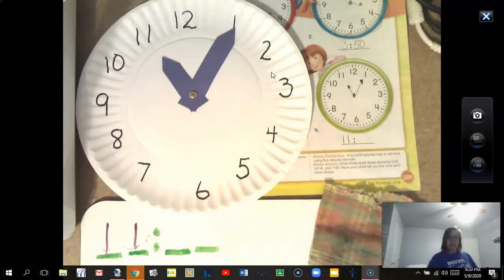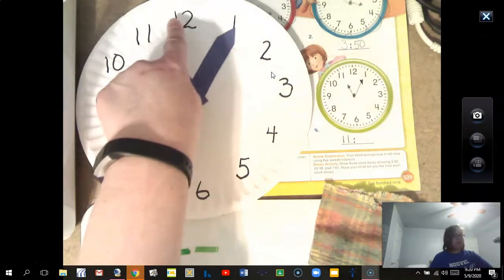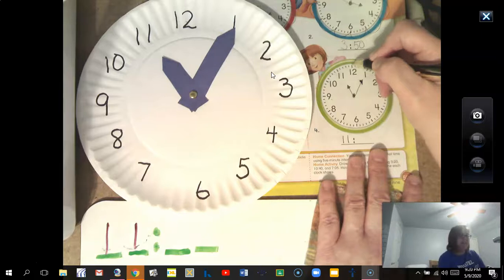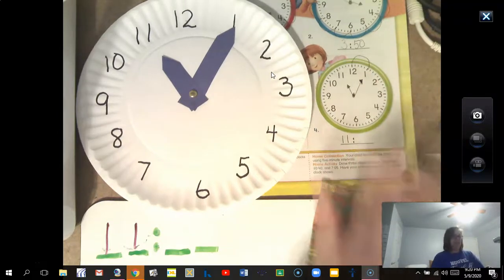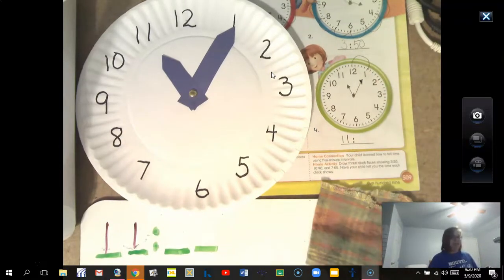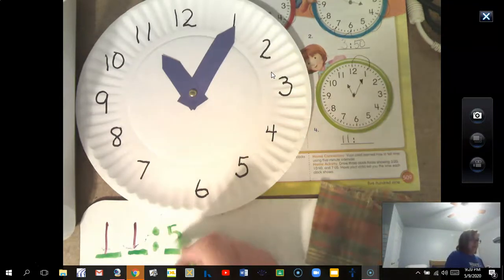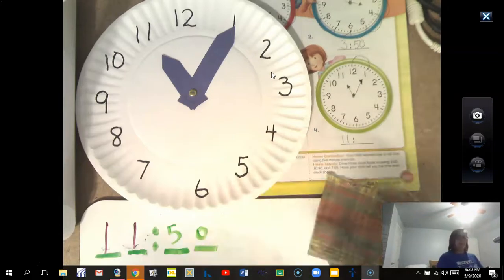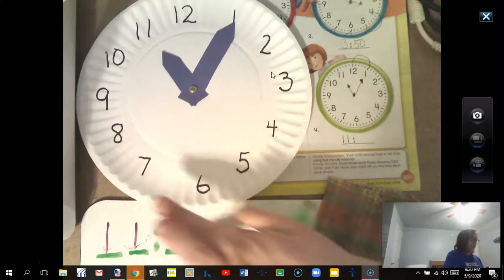And now we have to figure out the minutes. So we start at the 12, and let's do our little jump. Count by what? 5s. 5. Okay, did everybody get 5? That was easy enough. Now, do I just write 5 here? No, that would be incorrect. That would be like 11:50, and that is not the correct time.